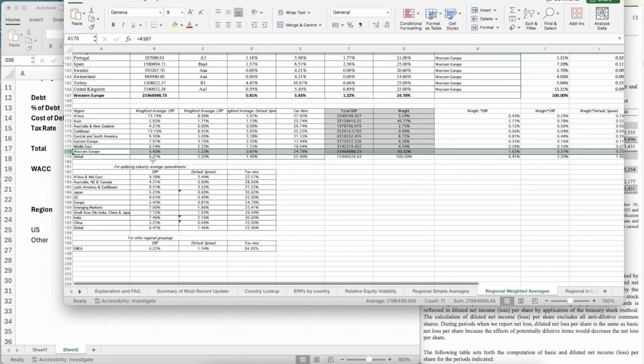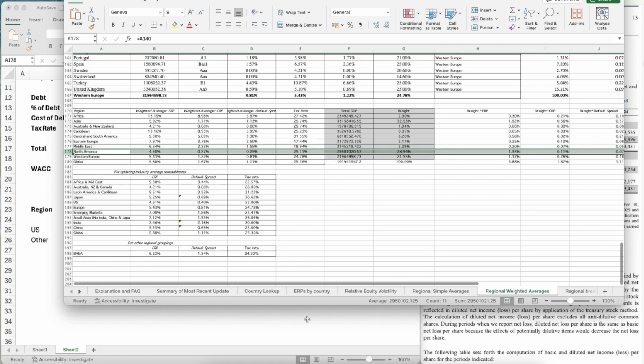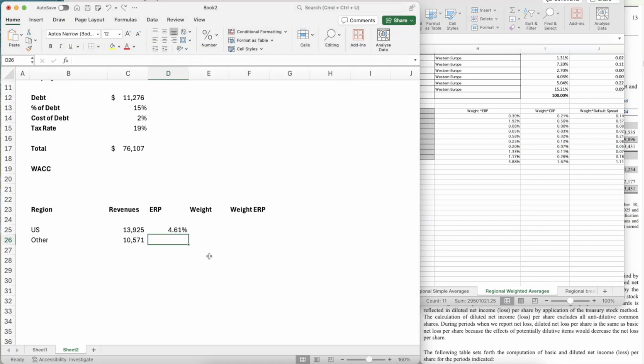We get a global ERP of about 6.4%. And that is our rest of the world excluding the US, 6.41%. And I know we're sort of including Canada there, since we're in North America, but it's okay. This is fine.